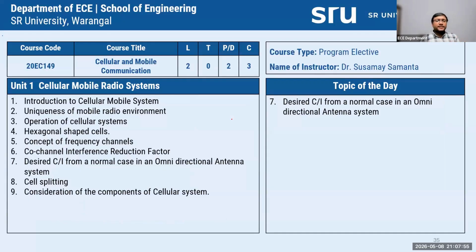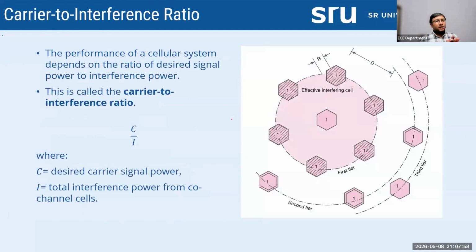So now we will start the concept of carrier to interference ratio. So what is carrier to interference ratio? Carrier means the desired signal that a mobile phone wants to receive. So carrier signal power means when a mobile station is communicating with the base station, what is the desired carrier signal power it should have?